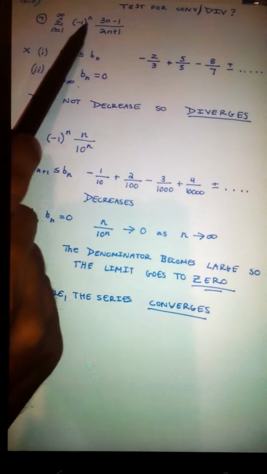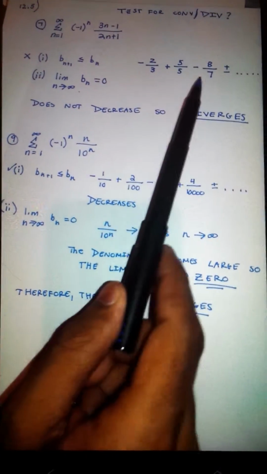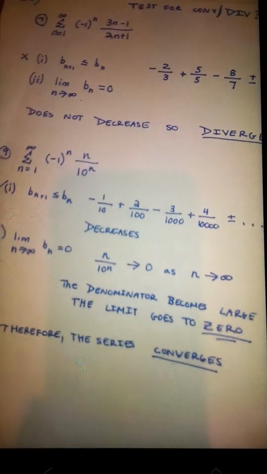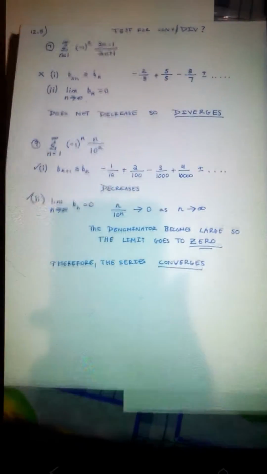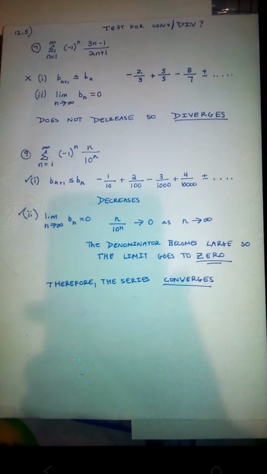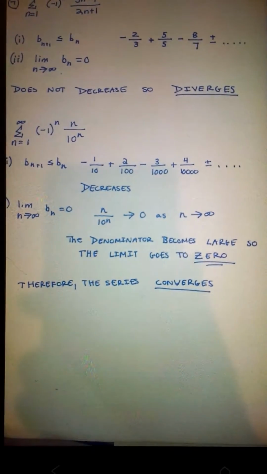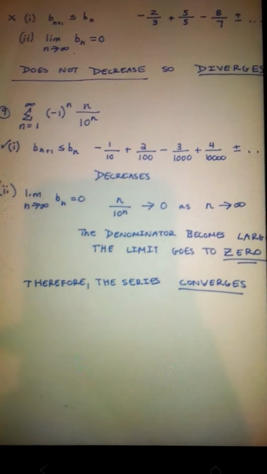Also notice that as n increases, the signs alternate from negative to positive, negative to positive. But what we notice is that each consecutive b sub n plus 1, the numbers increase, they don't decrease. So the alternating series test diverges because it does not decrease. And you don't even have to go on to the second criteria because you know that it won't approach 0.